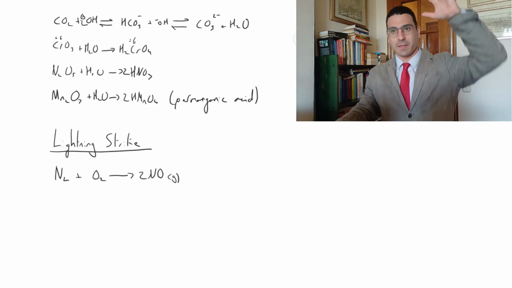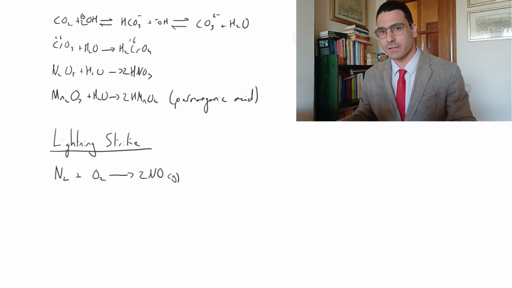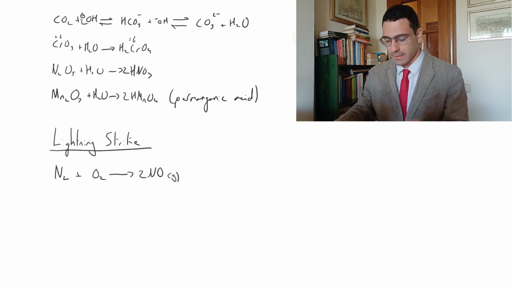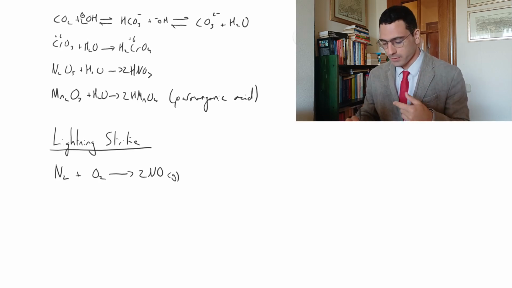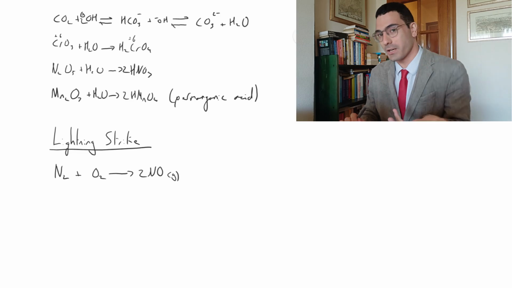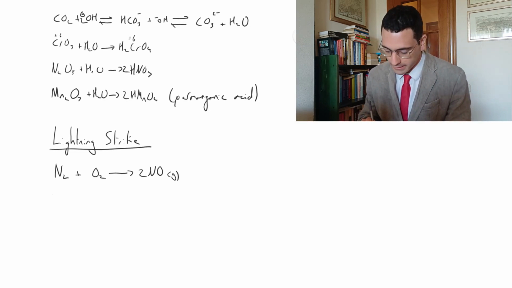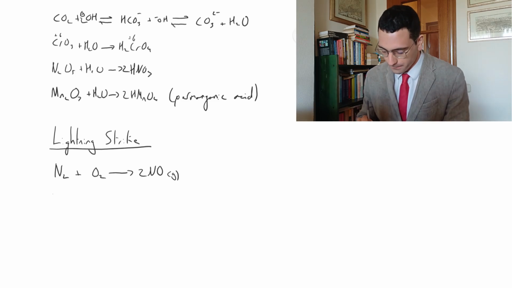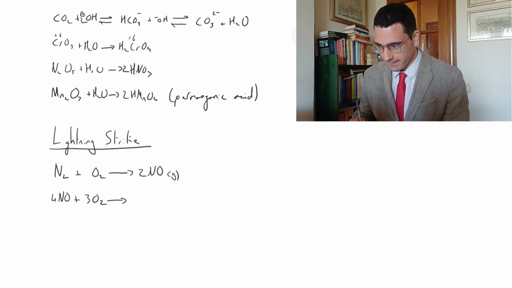What you need is the huge amount of energy that's in a lightning bolt for this reaction to occur. Now, this is a two-step reaction because, of course, first you have to generate the acidic oxide, and then the acidic oxide has to oxidize itself to form the nitric acid. So that's the reaction I'm drawing now. This is the oxidation of the oxide.